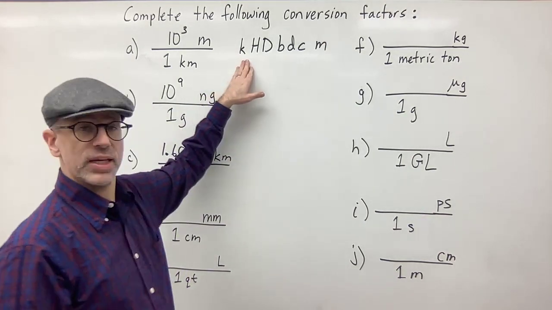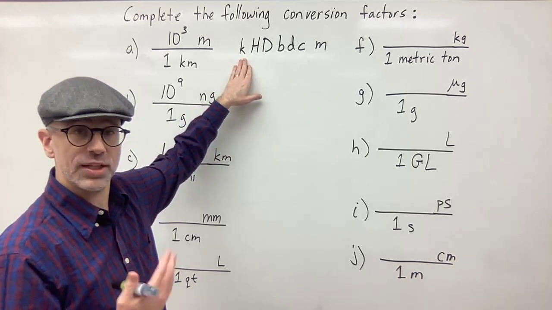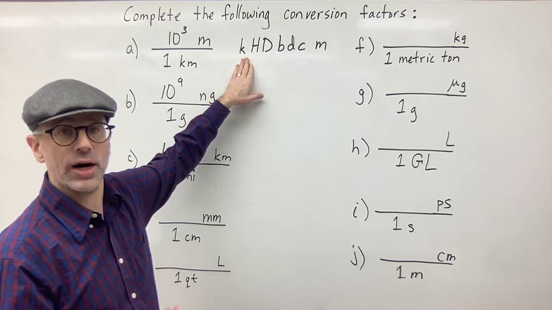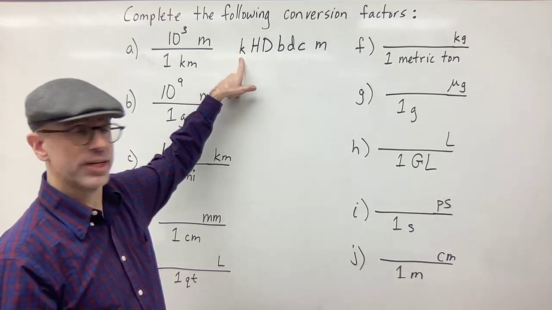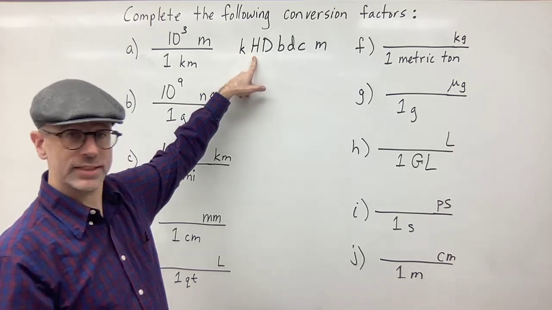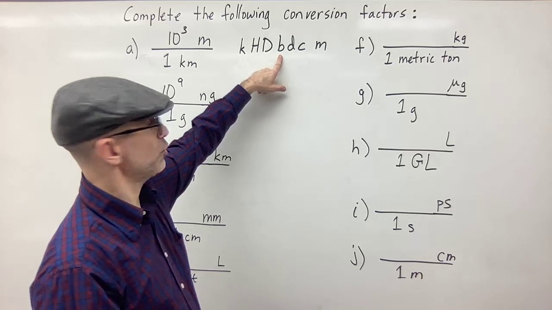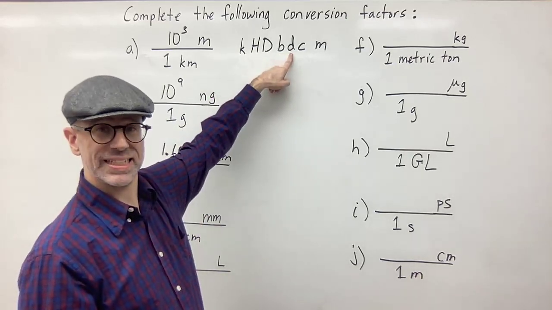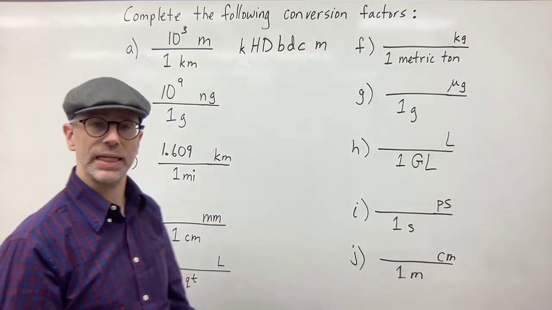So the letter at the beginning of each word stands for the symbol for a prefix. And so here we have K for kilo, H for hecta, D for deca, B for base unit, no prefix, D for deci, C for centi, and M for milli.